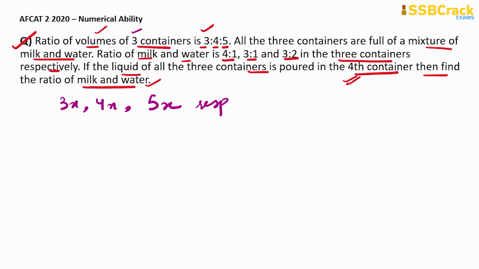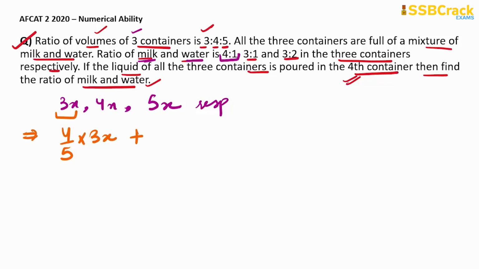Now it is given that in the first container the ratio of milk to water is 4:1. So if 4:1 is the ratio, this implies 4/5 of the volume of the container, that is 3x, is milk in the first container, right?